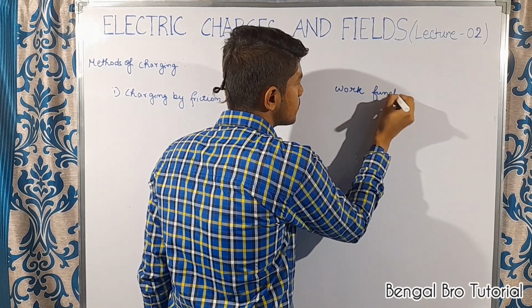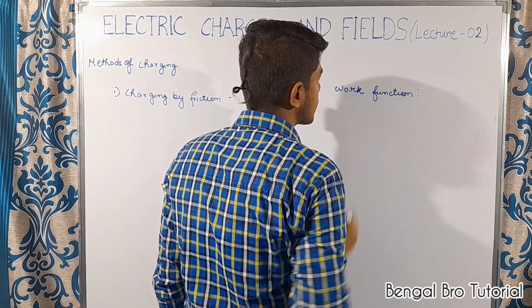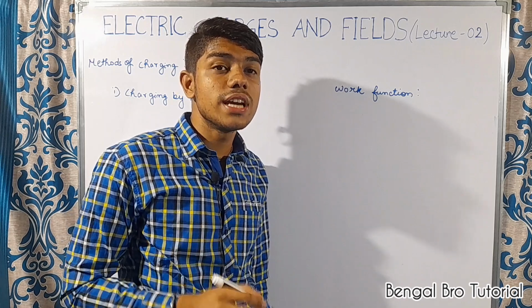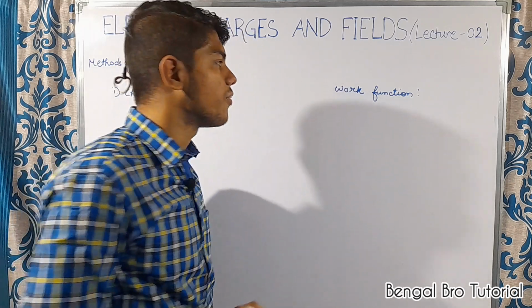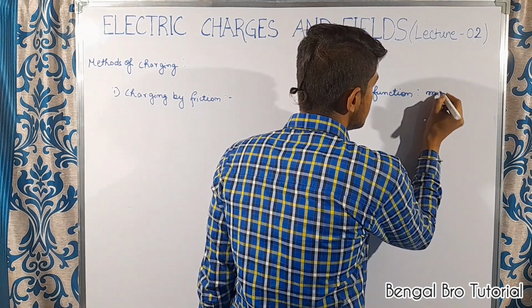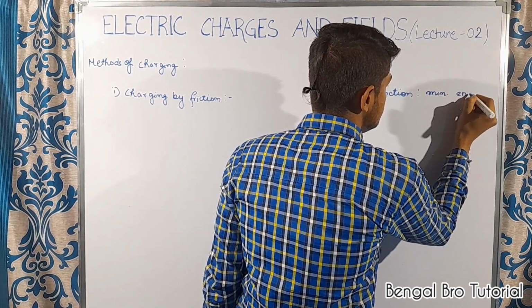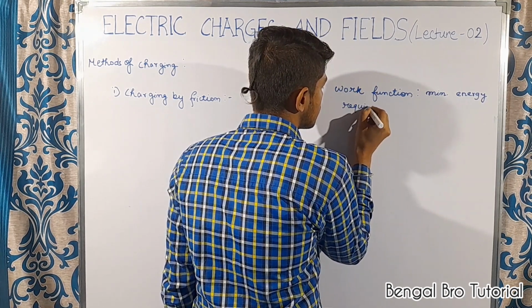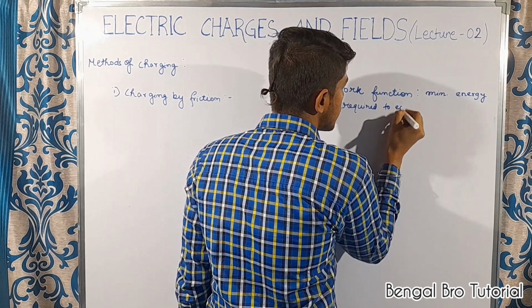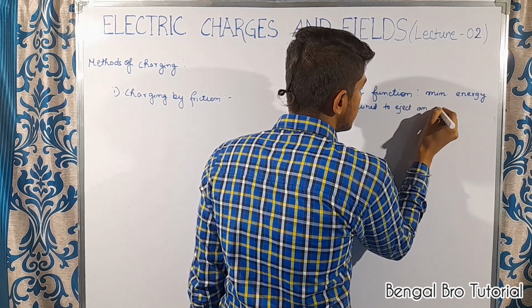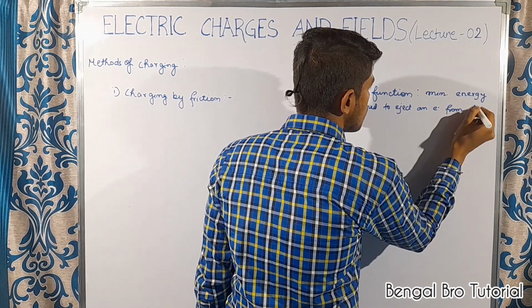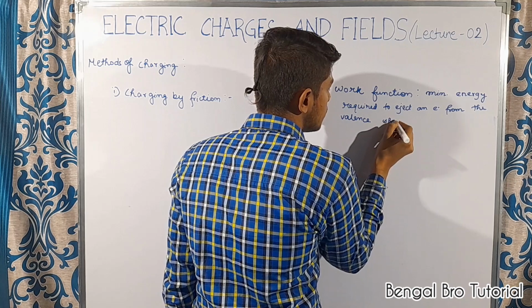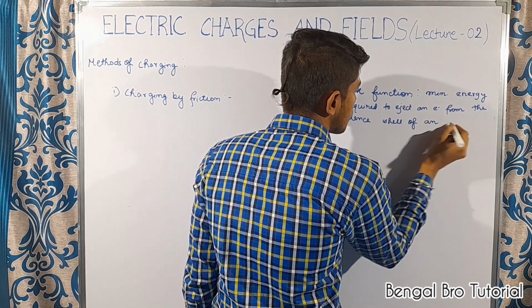Work function is the minimum energy that is required to eject an electron from the valence shell of an atom.